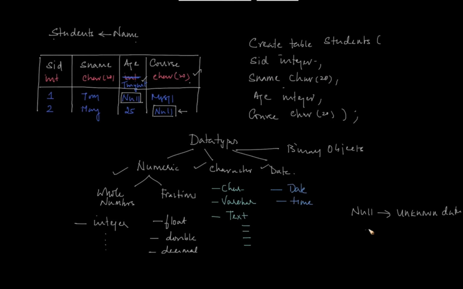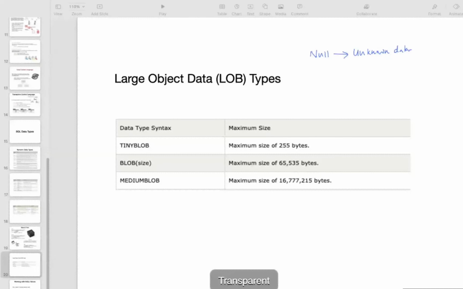The way you have to interpret null is to always think of it as unknown data. Don't think of it as 0. This is not 0, this is not a blank space. Null is null, it is unknown data. Whenever we are doing mathematical operations and you have null values, the result will always turn out to be null.